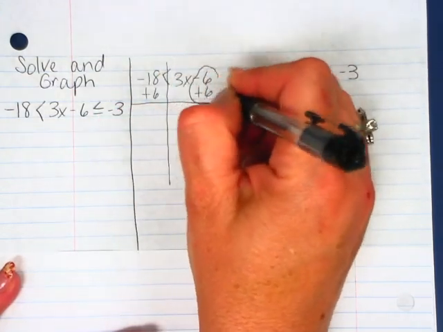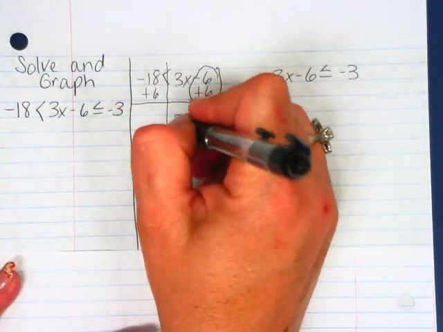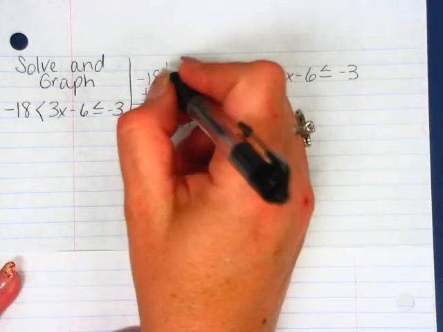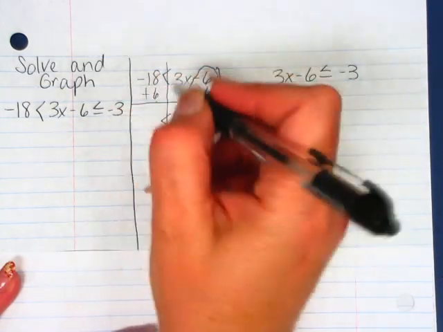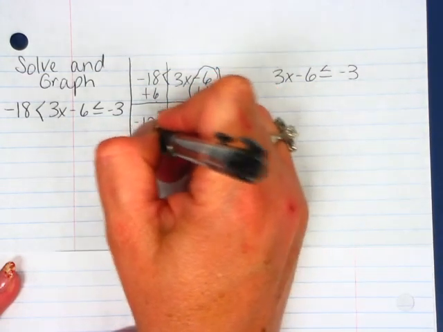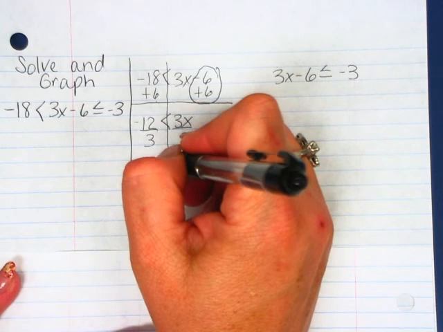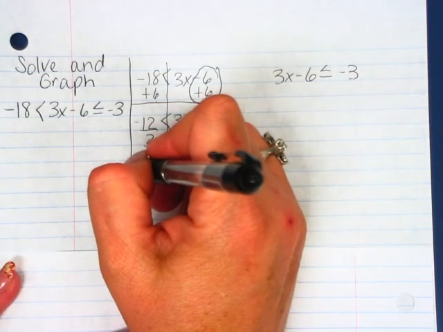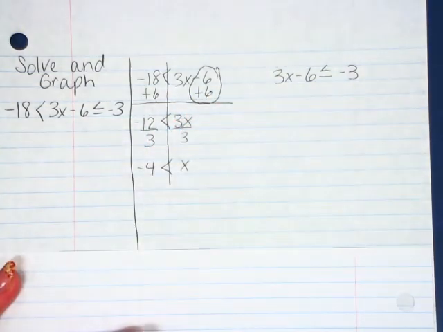That gives us the 0 we were hoping for. 3x, and we have the less than sign. Negative 18 plus 6 is negative 12. Divide both sides by that 3. X and the less than sign. So negative 4 is less than x.